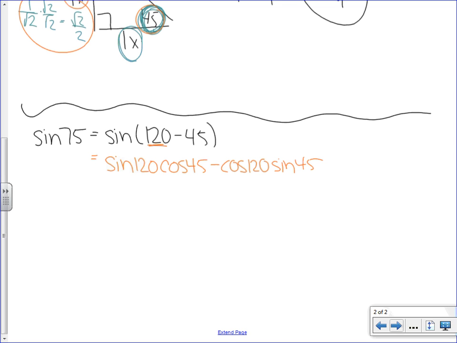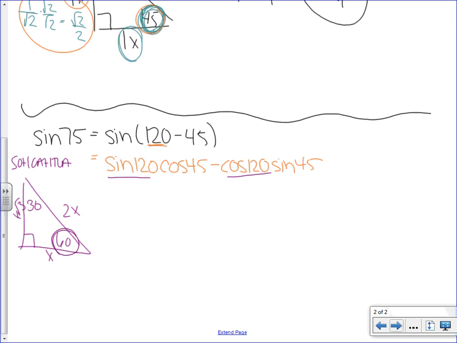And let's do the 120 first. Okay, 120 has a reference angle of 60, so I'm back in my 30, 60, 90 triangle. And I'm using SOHCAHTOA, so I'll write that. Now, reference angle 60, so here I am.